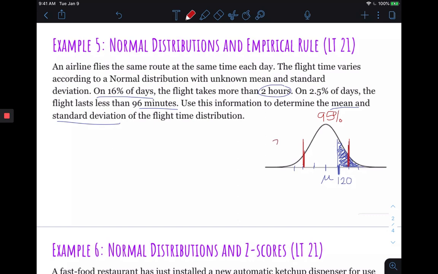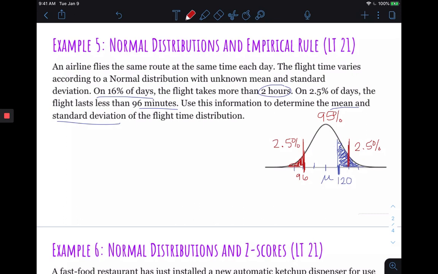And 2.5% is outside of that, because all of those together, 2.5 plus 2.5 plus 95, adds up to 100%. So it says 2.5% of the days the flights last less than 96 minutes. It's talking about this lower tail, lasts less than 96 minutes. So this mark is 96.